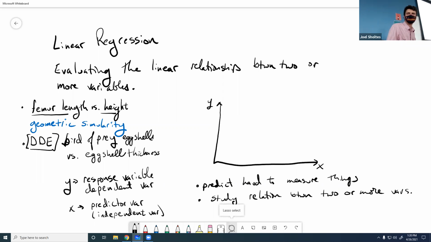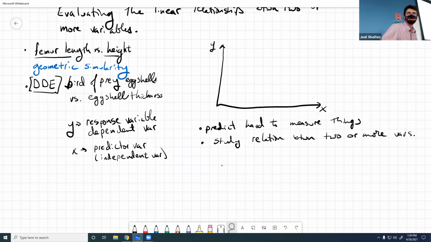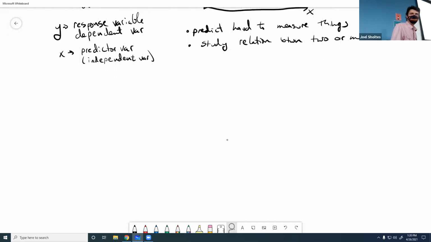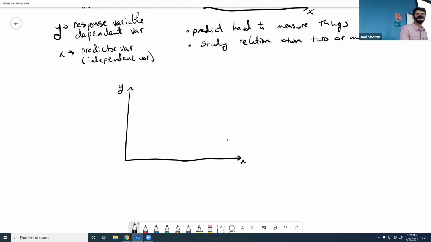Okay. So I'm going to move down here so we can continue this example. In the field of hydrology, there are a lot of things that are easy to measure that correlate to things that are harder to measure. In this case, I'm going to talk about what's called snow water equivalence.